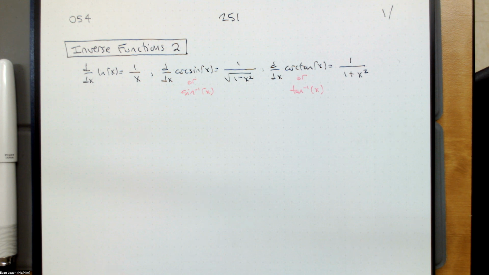So we restrict our domain of sine from negative pi over 2 to pi over 2. That's how we get an invertible function. It was similar to what we looked at yesterday. When we invert x squared with the square root of x, we have to restrict our domain to either positive values or negative values.